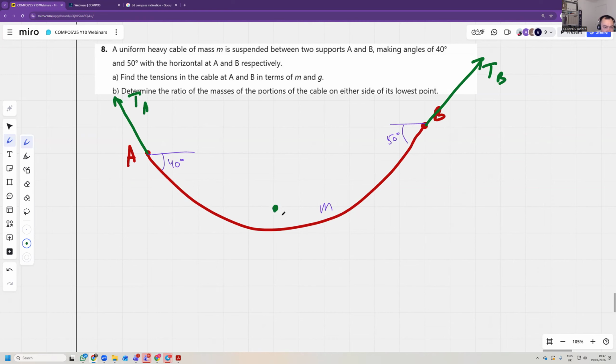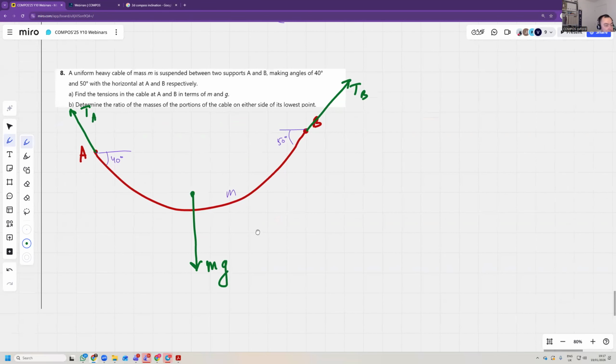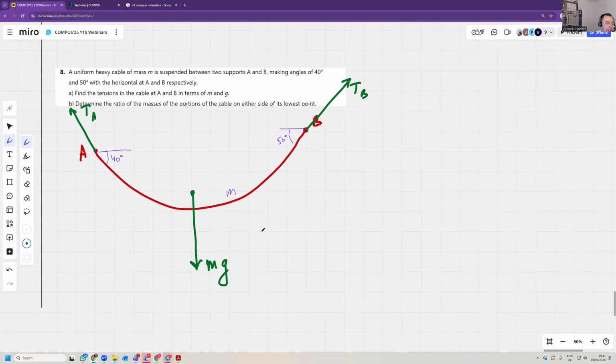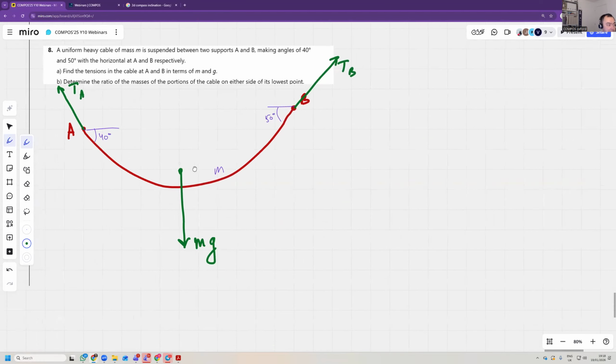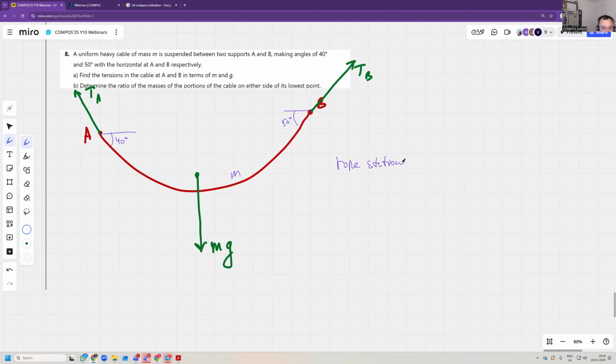So somewhere here, there's the mass of the rope pulling down, which is mg. mg is the gravitational force on the rope. And because the rope is stationary, that means the forces are in equilibrium.